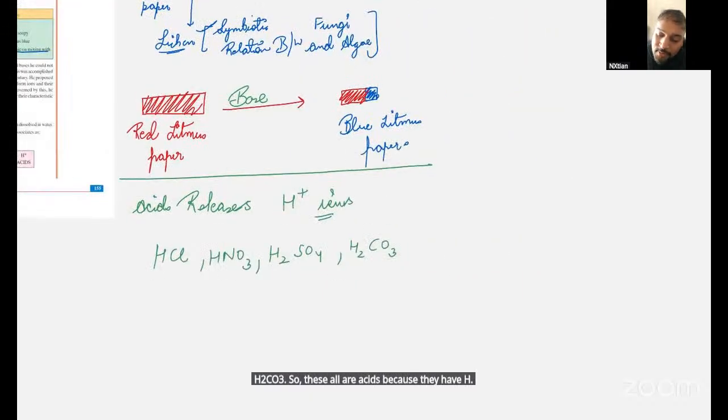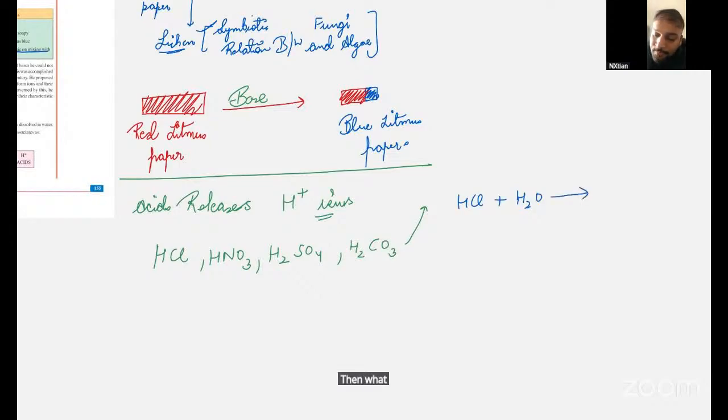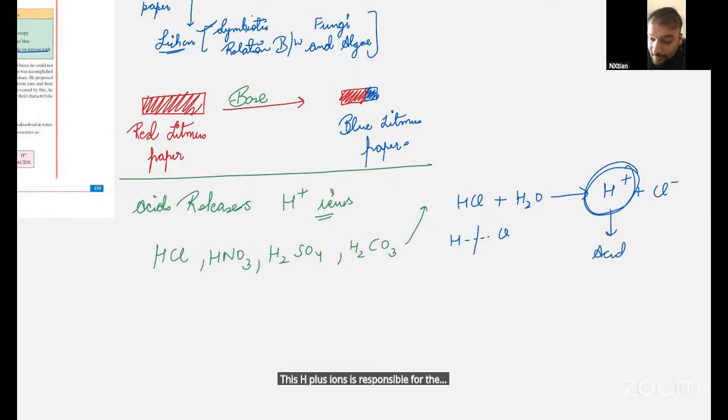Why? Because if I take an HCl compound like this and add water into it, the bond between H and Cl will break, and H plus and Cl minus ions will be there. This H plus ion is responsible for the acidic character of acids.